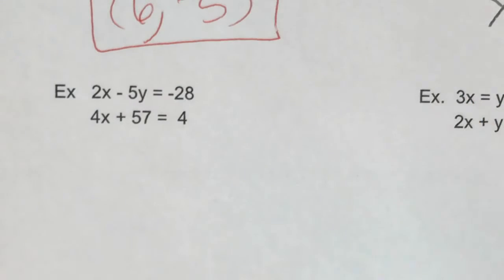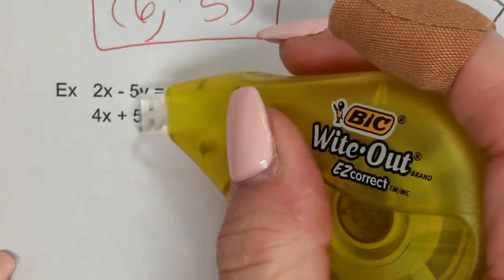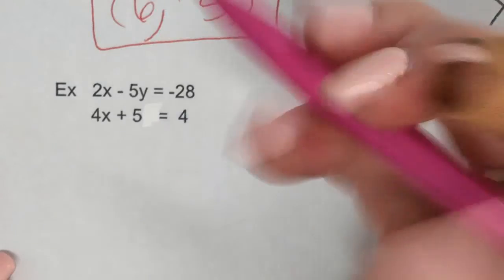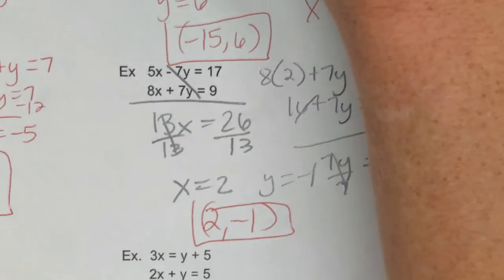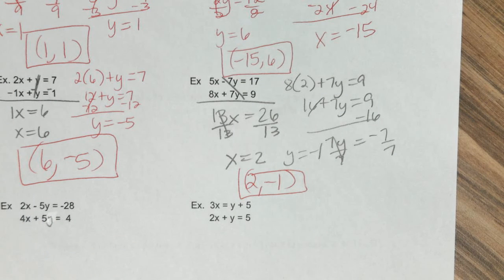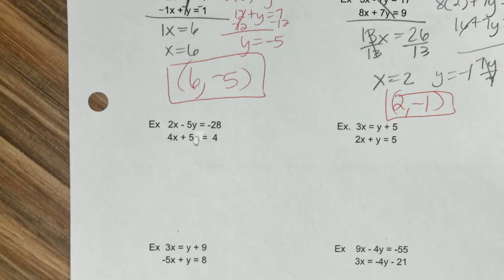Yes, and there was a typo on the next one. That should say 5y, not 57. Okay, so on the next one, what would cancel out?